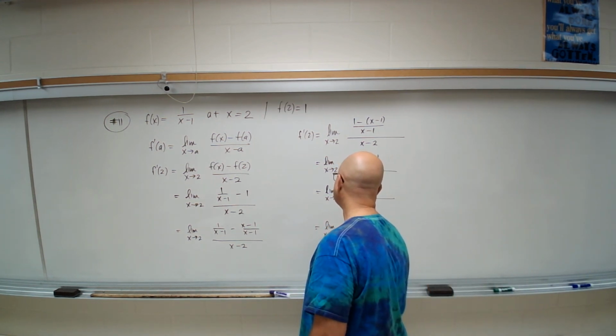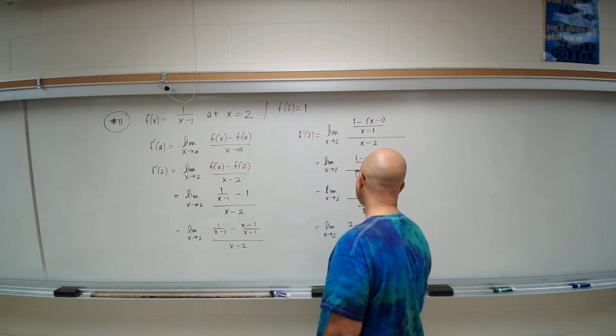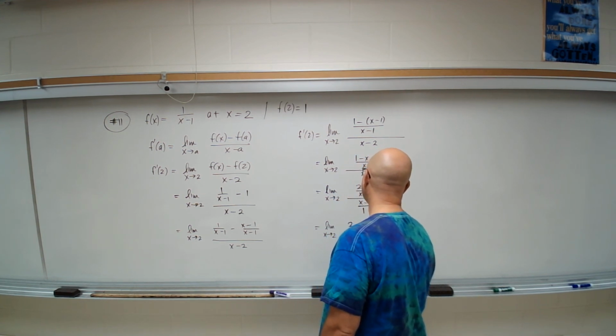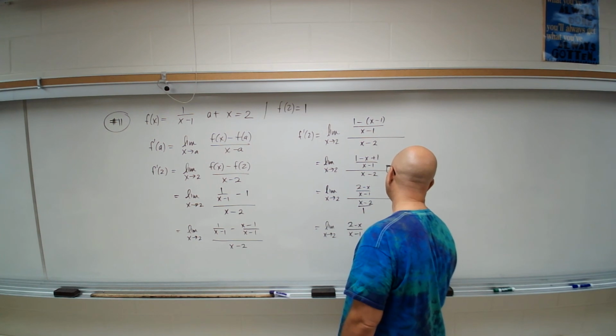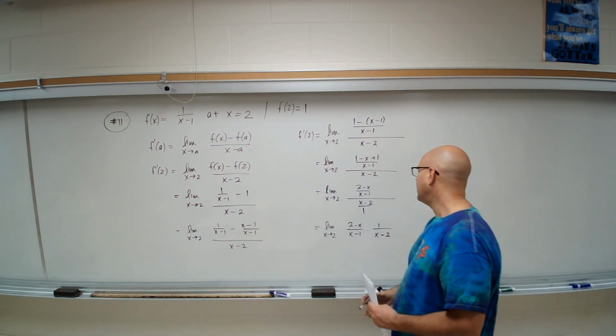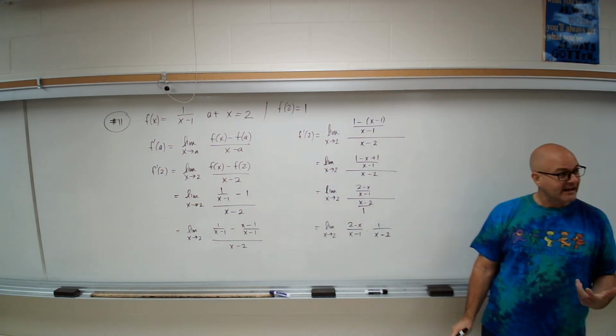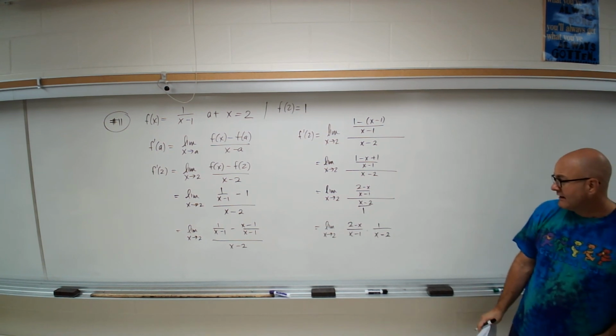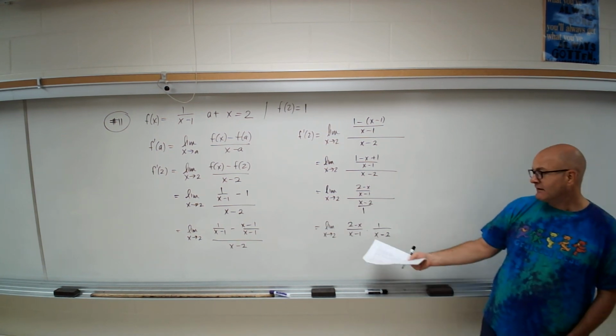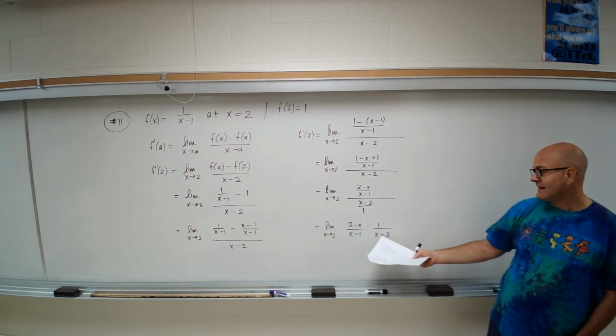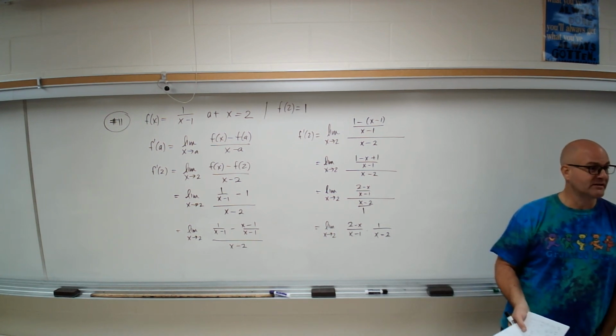So the limit as x approaches 2 of 2 minus x over x minus 1 times 1 over x minus 2. Now we know we need stuff to cancel if this is going to work. Nothing cancels immediately, but if we look, we have 2 minus x and we have x minus 2, which are opposites.